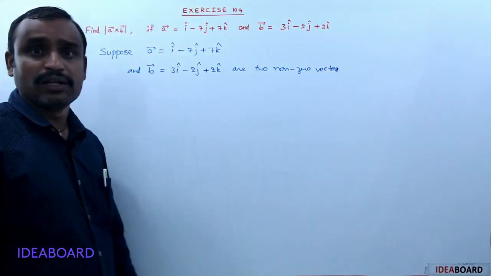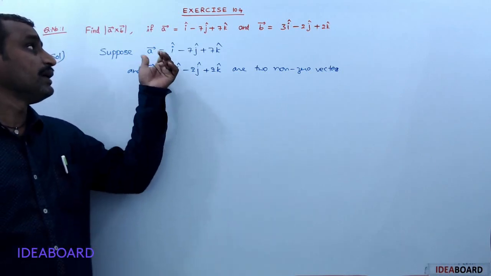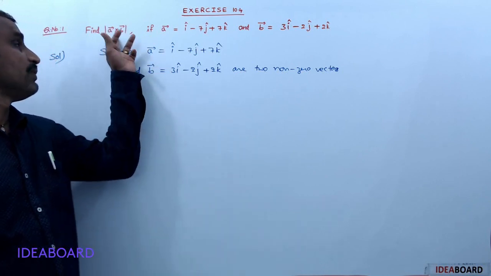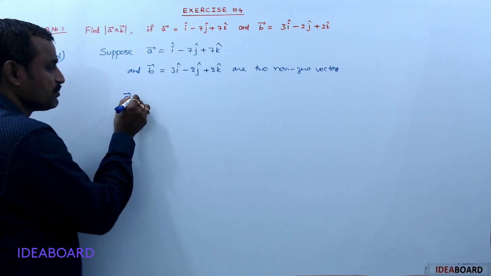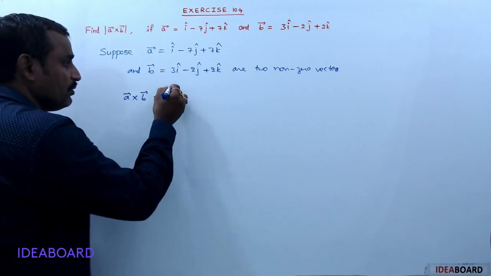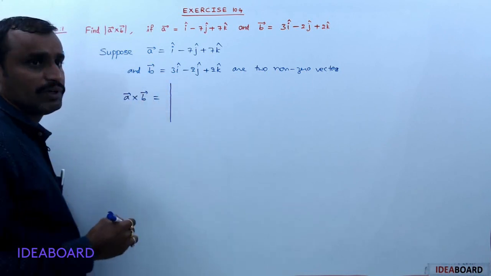These two vectors are non-zero vectors. So now we have to find A bar cross B bar. We will find A bar cross B bar in determinant form only.